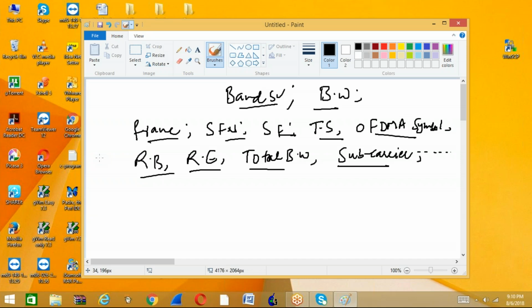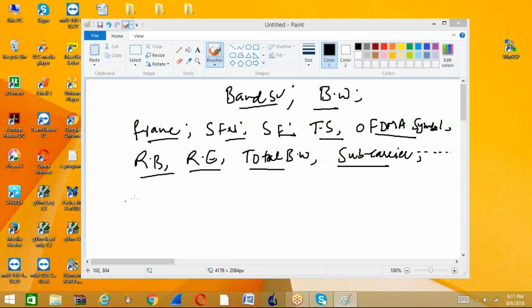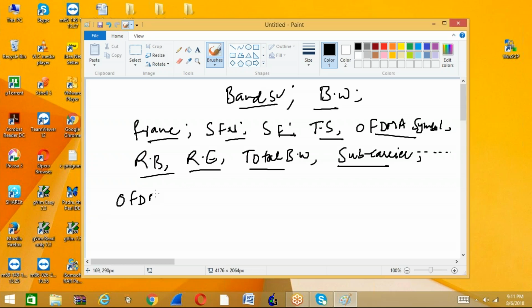Apart from this, we also have something from the perspective of OFDMA. We know what exactly OFDMA is, and we know what SC-FDMA is.